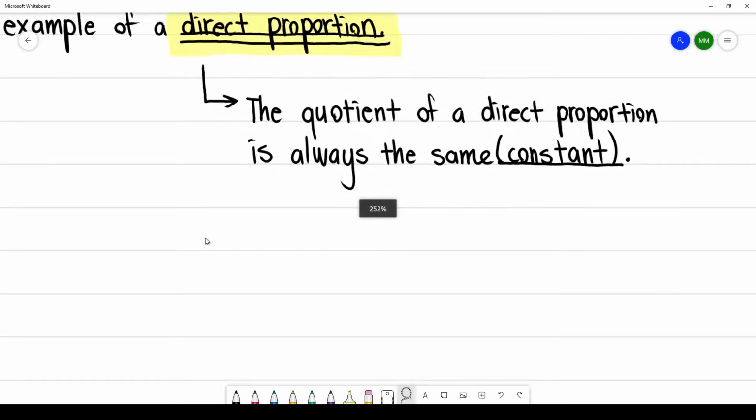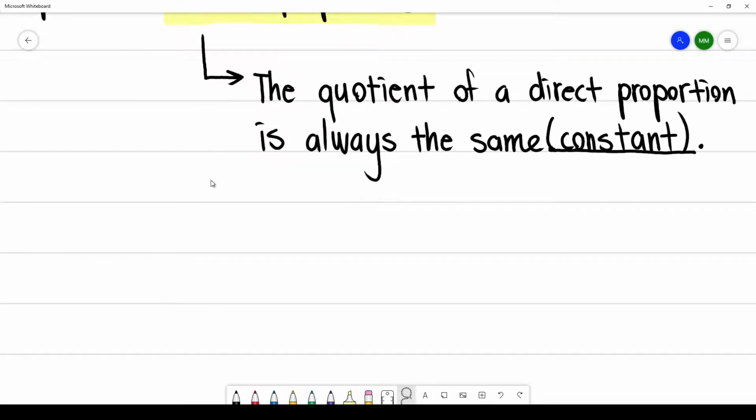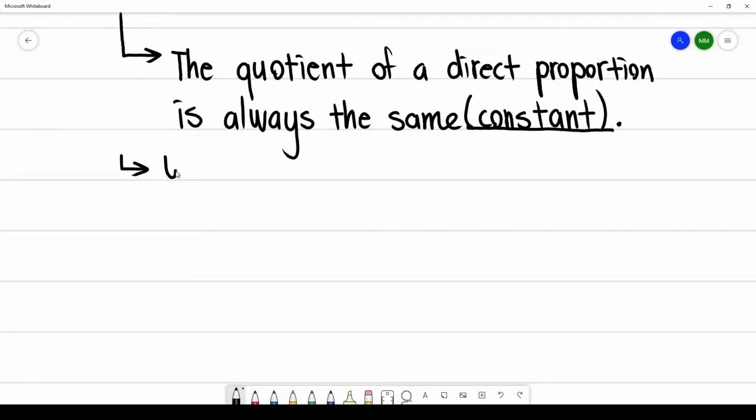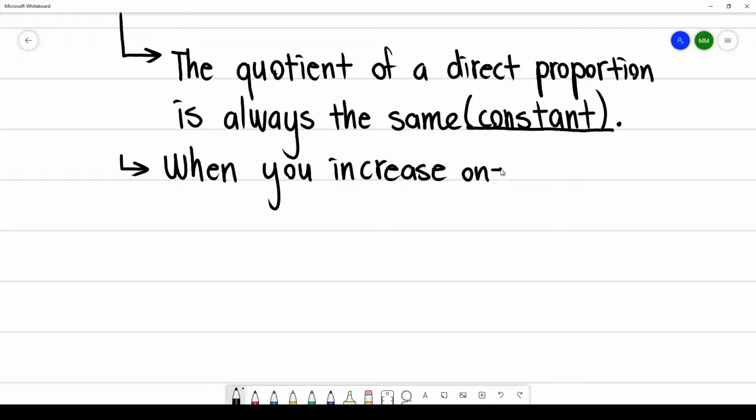And then, as I was saying a moment ago, when you increase one quantity, the other increases as well.